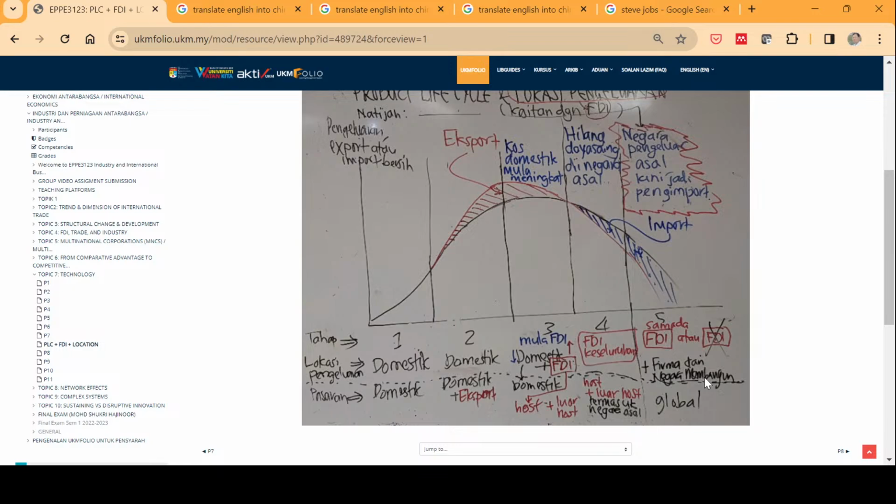This is stage 3, and the profits drop sharply as output approaches saturation.